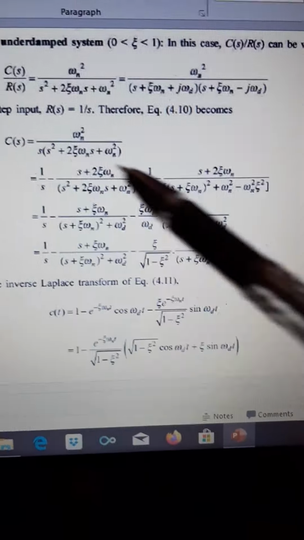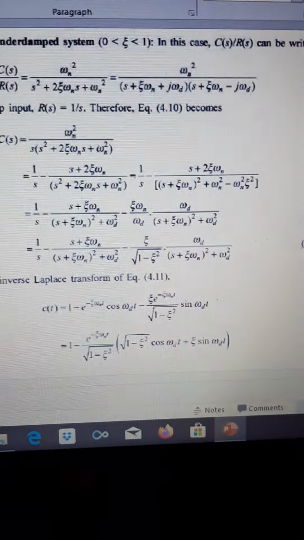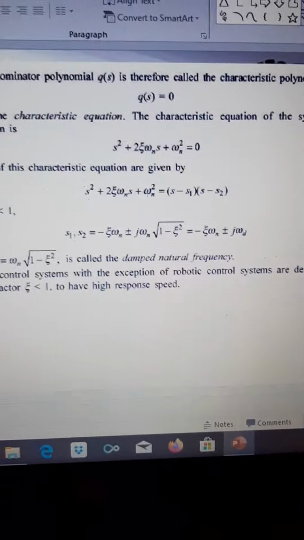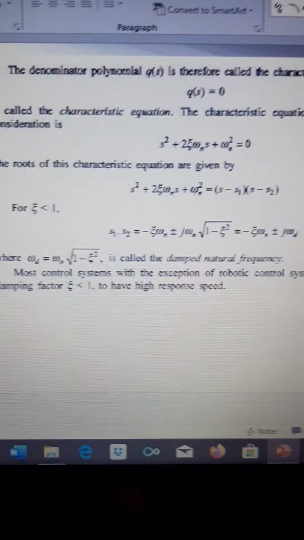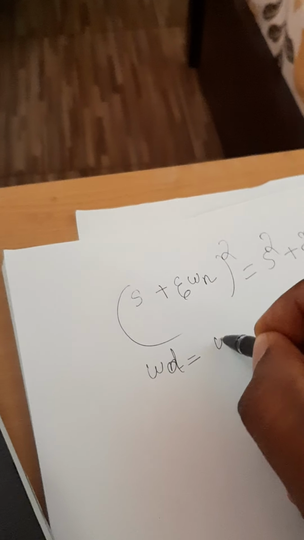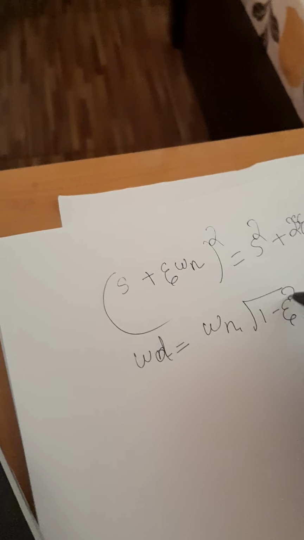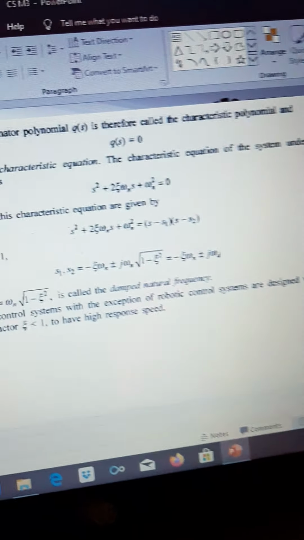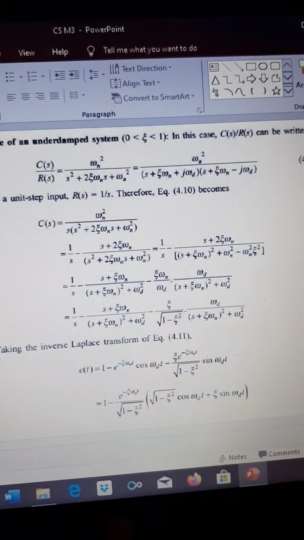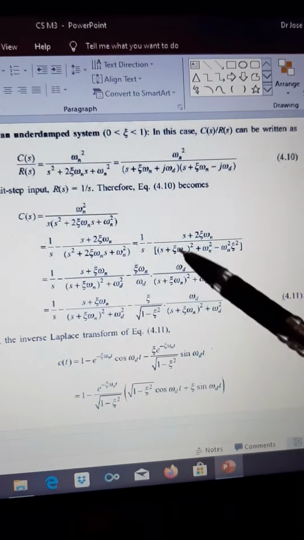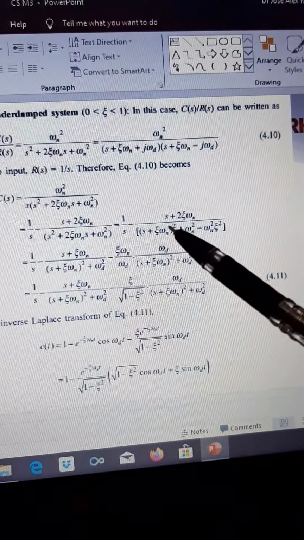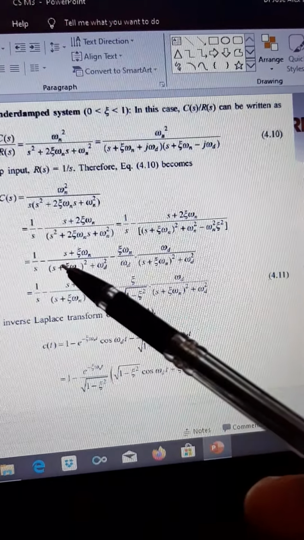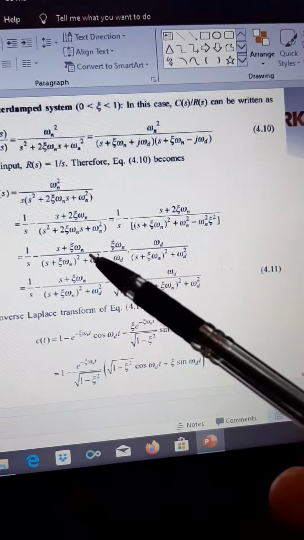We are rearranging this expression properly, and you know that omega d is equal to omega n square root of 1 minus psi square. By using that, you modify these expressions.